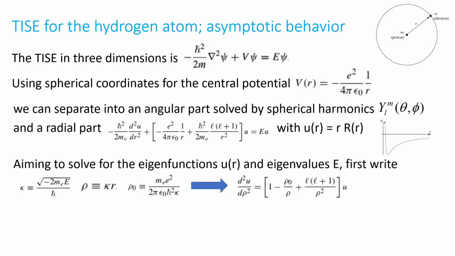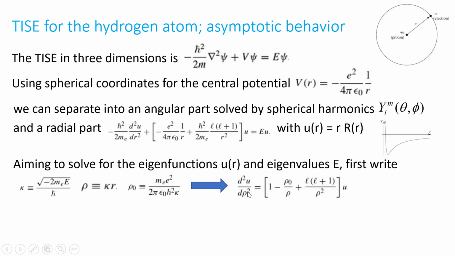Okay, so there are some steps here between this equation with the u of r and this equation of u of rho, the scaled radius. But you can look at the textbook for those steps, but it looks like this. It does clean up some constants a little bit and make it look a little bit more manageable.